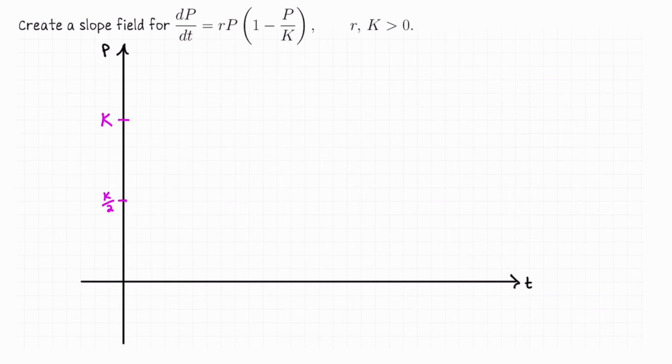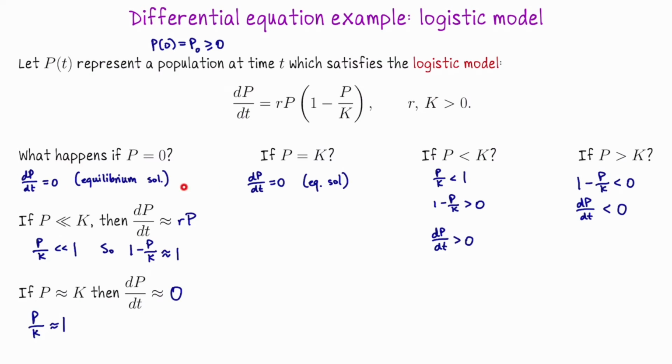Okay, a couple of remarks I'm going to add to the left of the p-axis. We are concave down for negative population values, concave up, and concave down again, and then concave up. We also learned at the very beginning that we have 2 equilibrium solutions.